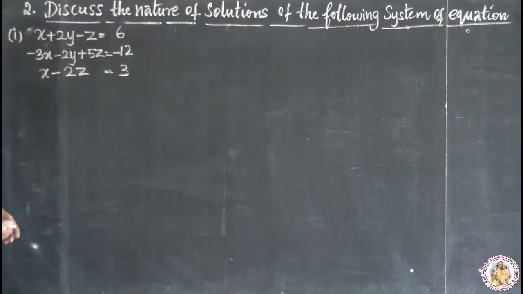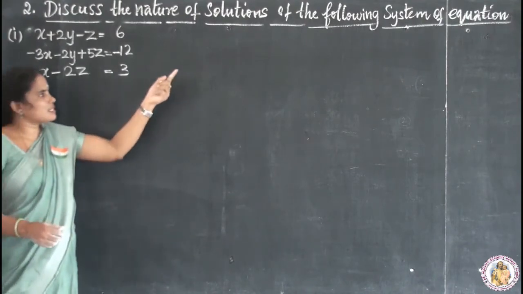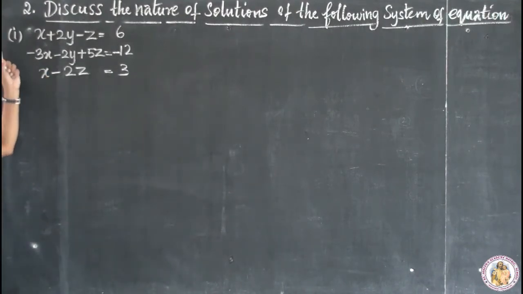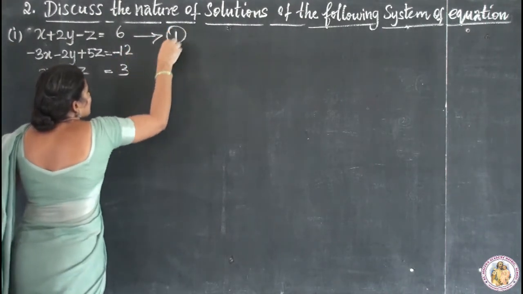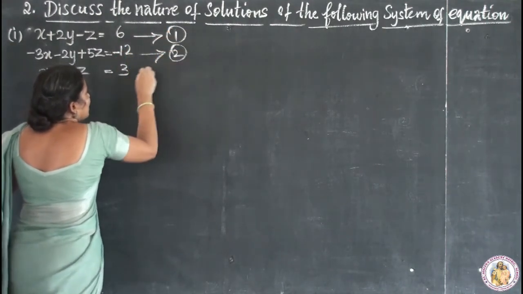Question number 2. Discuss the nature of the solution of the following system of equations. Here we have given 3 equations. Consider this one as first, second and the third.